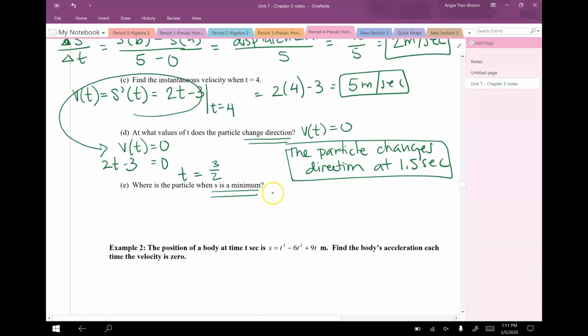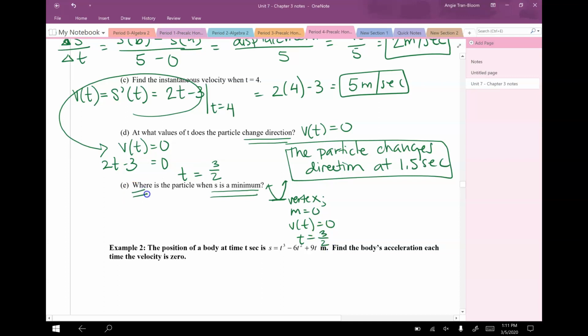So that's a parabola, an opening up parabola. So a minimum is really down here at the vertex. Well, the vertex is when the slope is 0. The slope is 0 when the velocity is 0, and we found the time when the velocity was 0 at t equals 3 over 2.